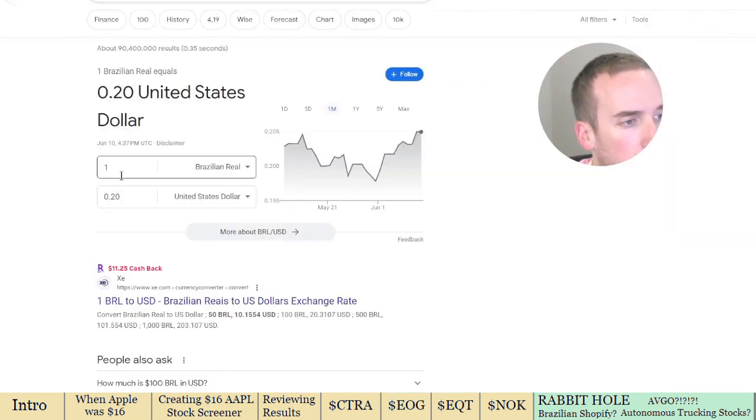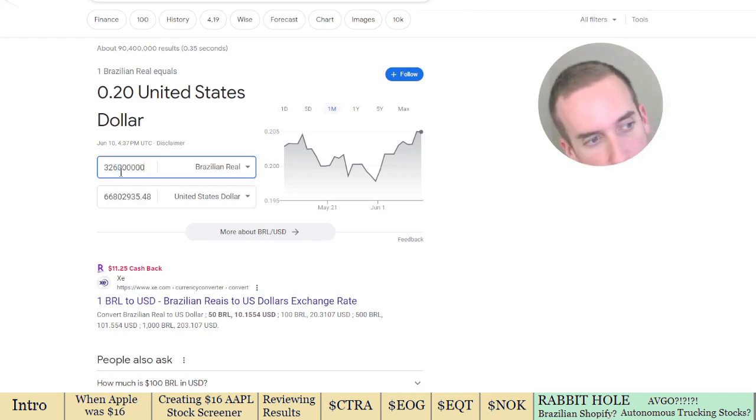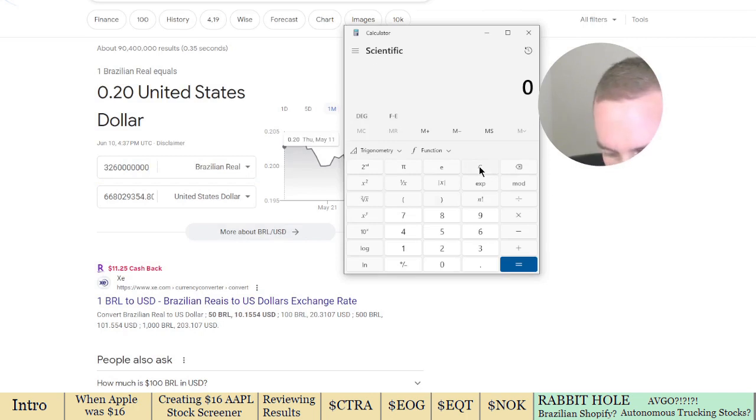So 3.26 billion here for market cap, that's 326 million, so one more zero. Converting at 123, that's the market cap: 668,029,354.